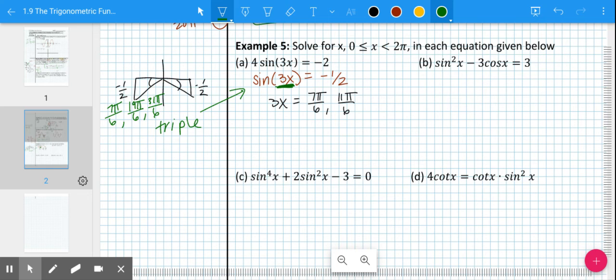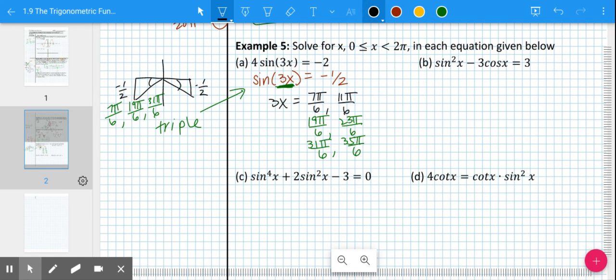So 7 pi over 6 is the same as 19 pi over 6, it's coterminal to that, and also 31 pi over 6. Similarly, the coterminals of 11 pi over 6 are going to be 23 pi over 6, and then also 35 pi over 6.